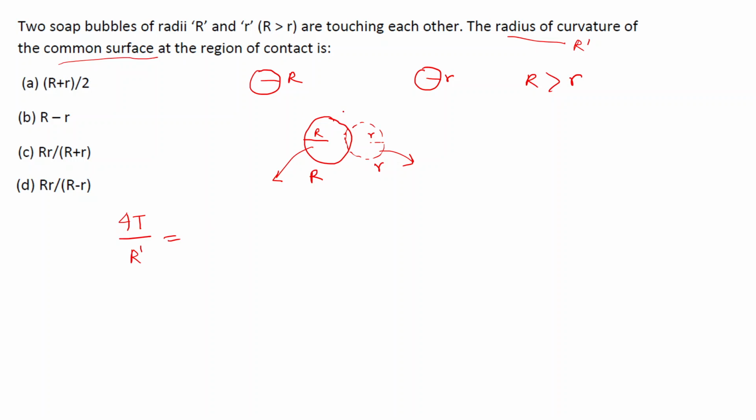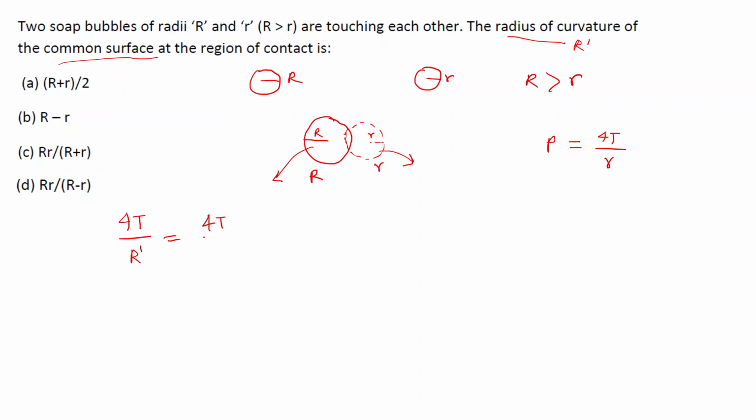Now we know that the smaller one will have more excess pressure, right? Since we know the relation P is 4T by R, and smaller the value of radius, higher is the value of excess pressure.